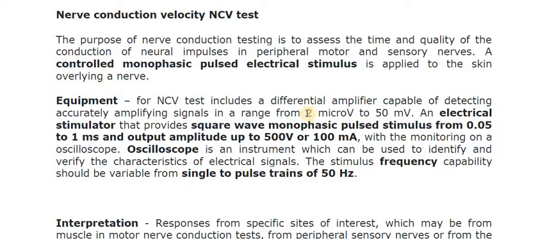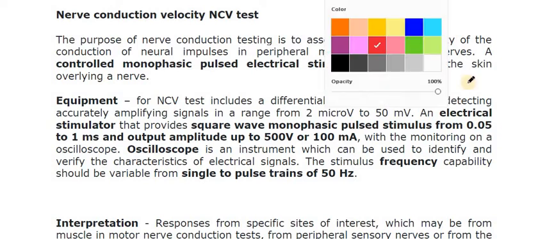We give signals of around 2 microvolts. You can see this is in microvolts, and these stimulators will again give square wave monophasic pulses, which look like this, as we have done in our previous test.